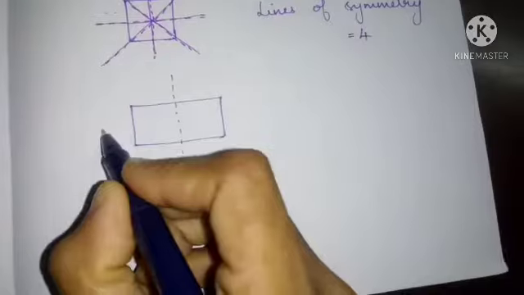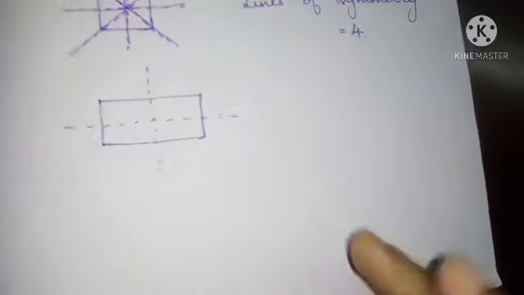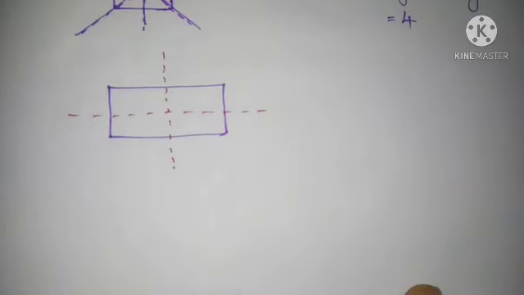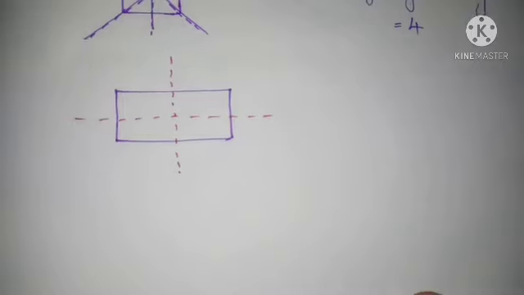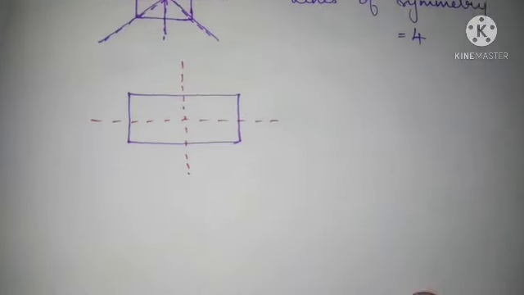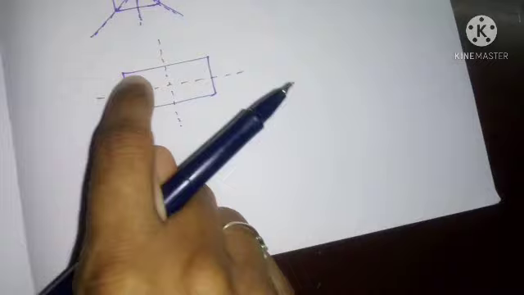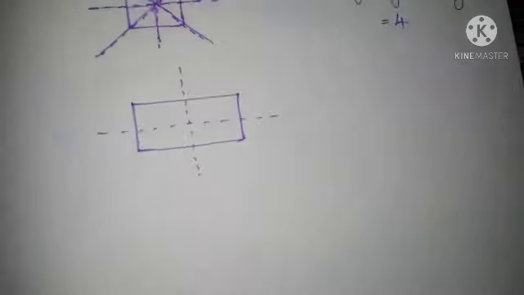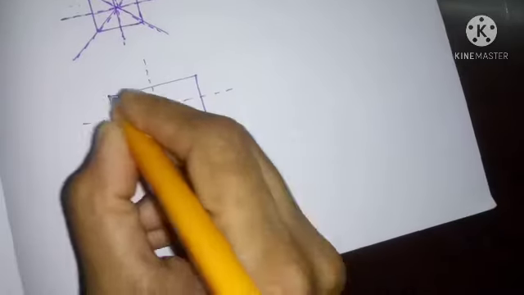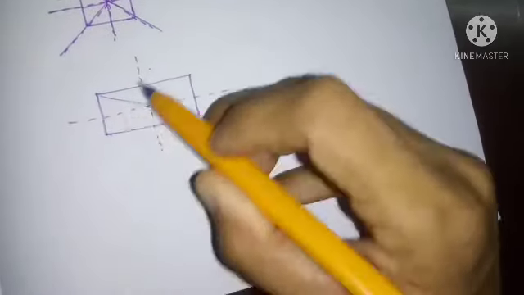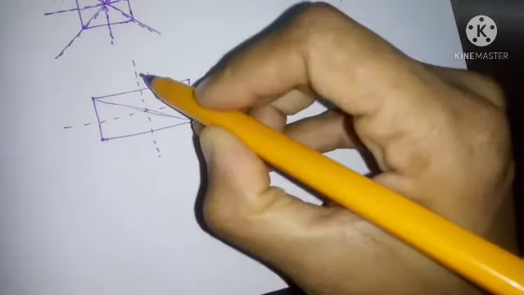Next. Second line. 2 lines of symmetry is possible. Third, where can you check it? If you draw one line like this, it is not a mirror image. Check, children. If I draw like this, this is not exactly matching here. When the mirror image comes, it will be coming here.